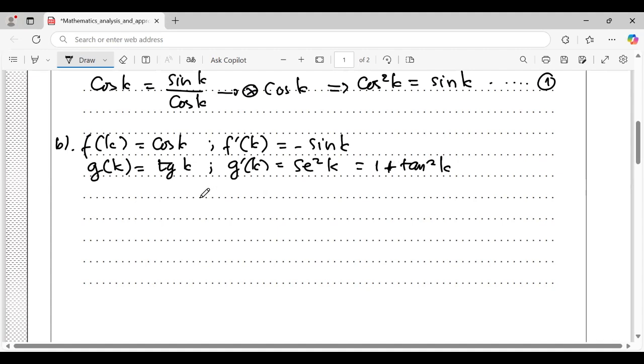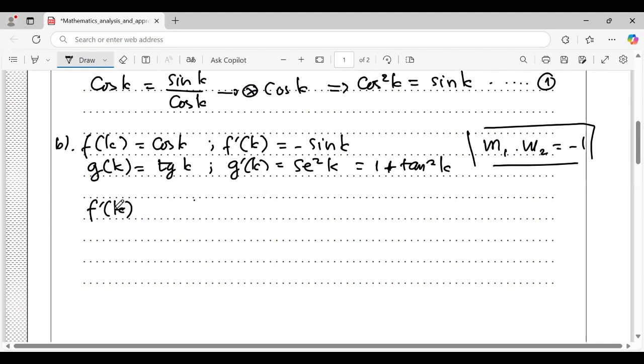For the tangents to intersect at right angles, the product of their slopes must be minus 1, because if two straight lines are perpendicular to each other, their slopes m1 times m2 should be minus 1.